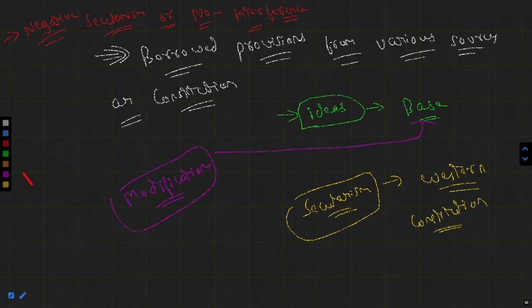But when we talk about India, the Indian constitution has positive secularism, or you could say interference and protection.